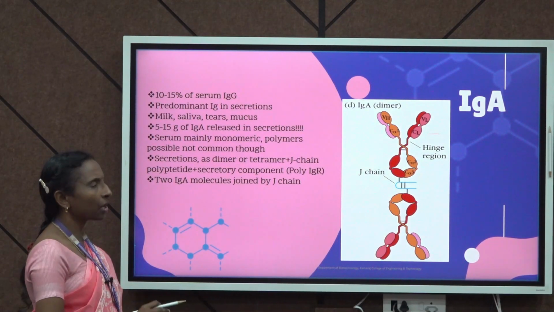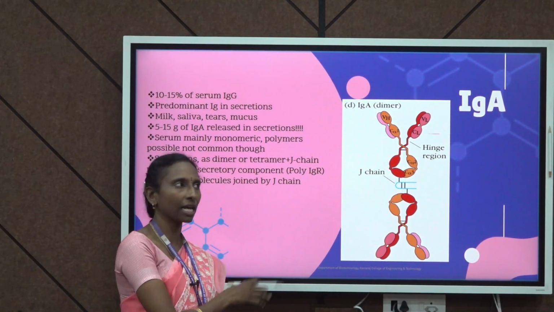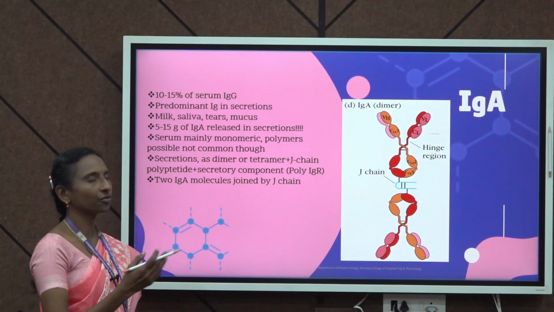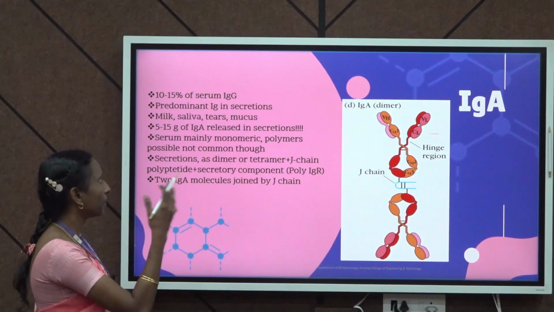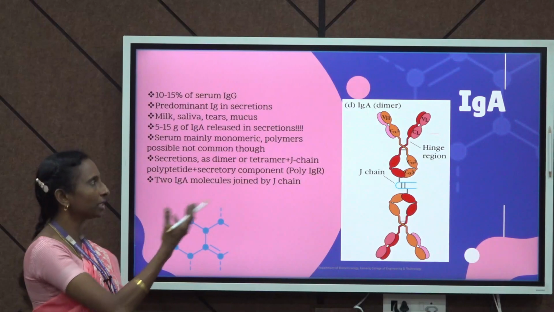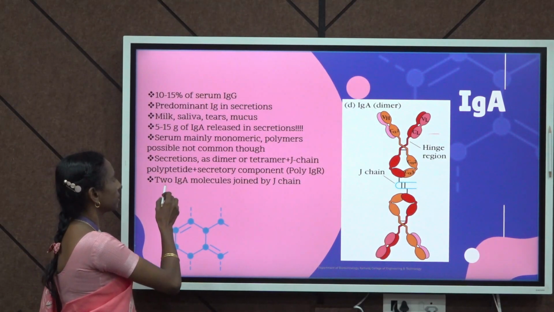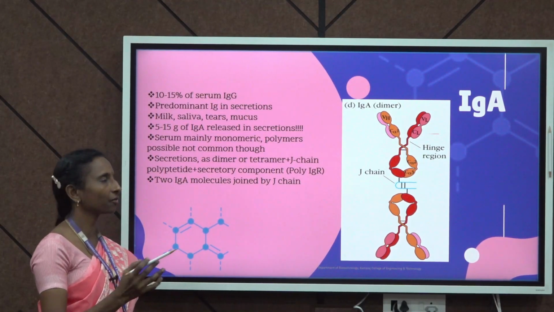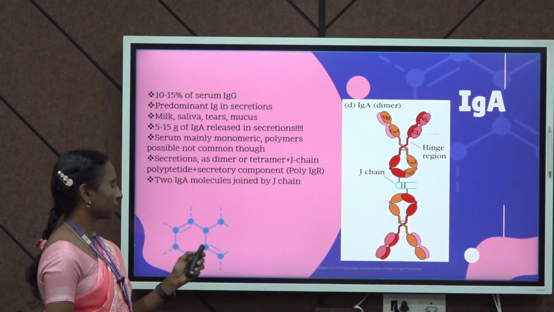IgA is found at a slightly higher concentration than IgM, around 10 to 15% of the serum immunoglobulin, and 2 IgA molecules are always joined together through the J chain.